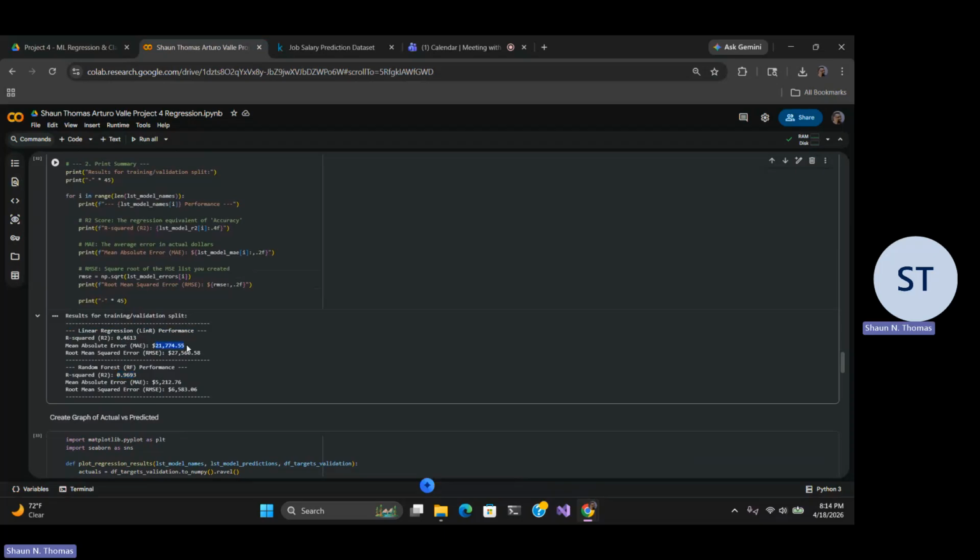Essentially, we're off by about 21K for the linear regression model, which is pretty noticeable if you consider that we're looking at data of like 100K to maybe 200K here. So 21K is very noticeable for this data set, and the same goes for 27K as well. But again, for random forest, we're getting a lot better values, 0.963, 0.9693% for R squared value.